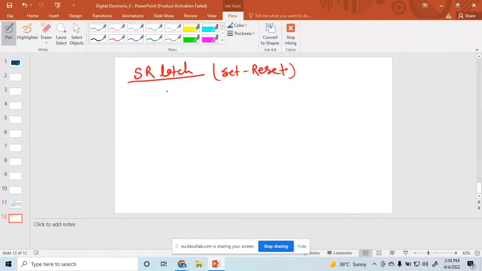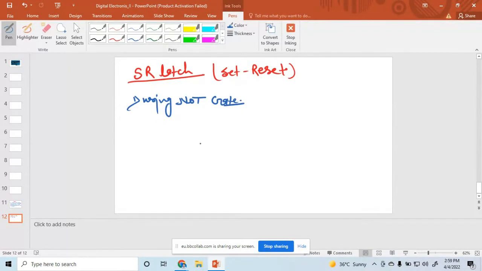Suppose we want to design it using NOT gates. The concept is that this is bistable, that means two stable states, which is why it is called a multivibrator.